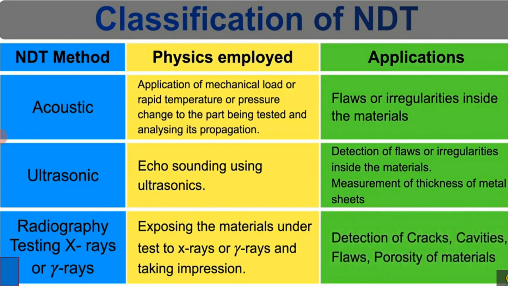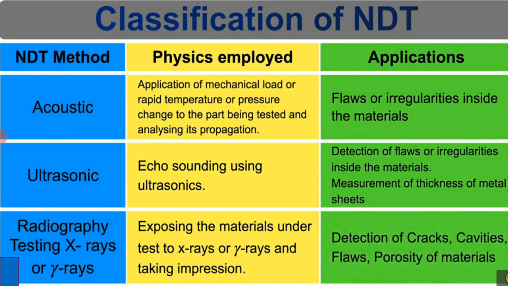Let's see the classification of non-destructive techniques. In the first column, non-destructive methods; in the second column, physics employed; and third, applications. The first method is the acoustic method. Application of a mechanical load or rapid temperature or pressure changes to the part being tested and analyzing its propagation.